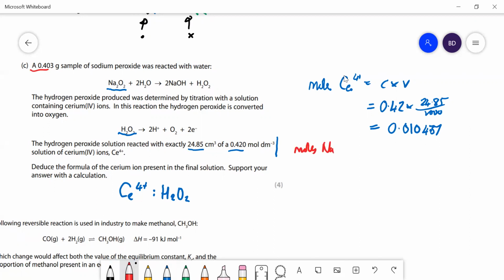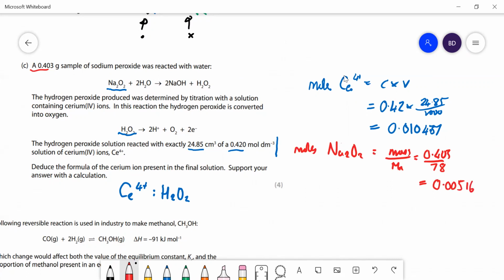Moles of sodium peroxide, Na2O2, is equal to mass over Mr, which is 0.403 divided by the Mr of sodium peroxide, which is 78. That is equal to 0.00516.